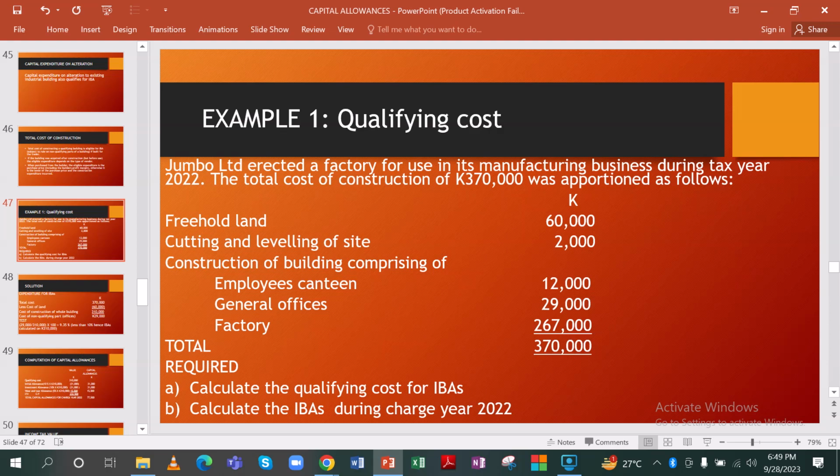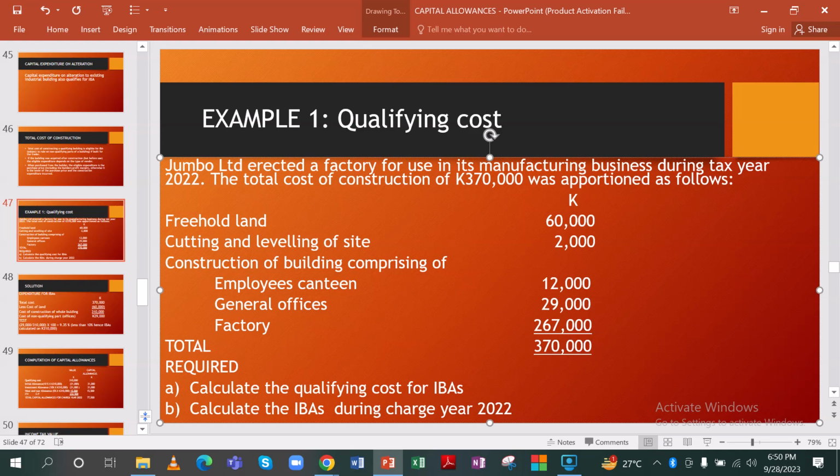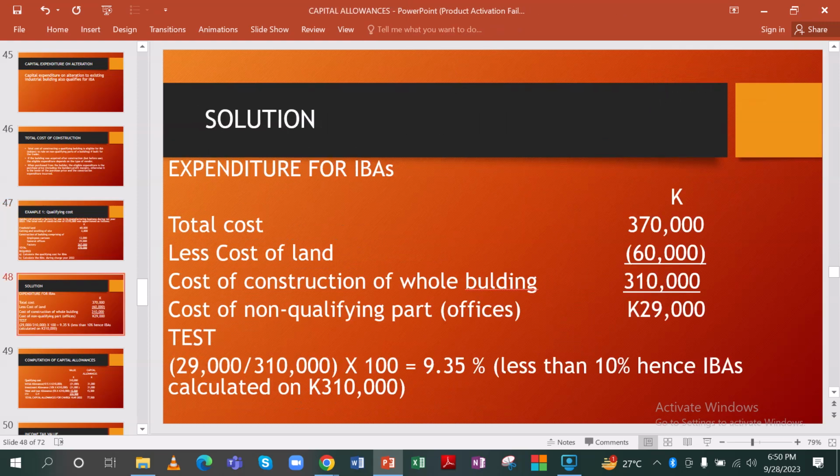So the next thing we do is find out whether these 29,000, which you are seeing here, are above 10% of the total qualifying cost after deducting the non-qualifying parts. In this particular case, we have 310.